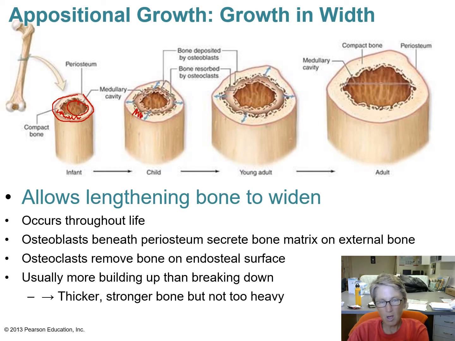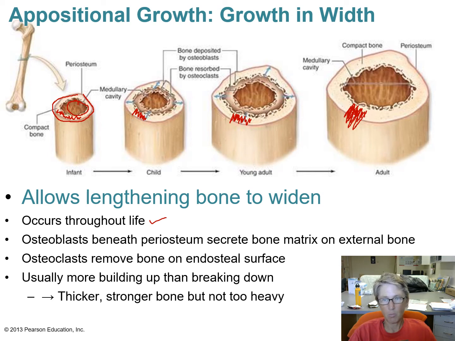Your child gets thicker, young adult, that compact bone is even thicker, and then look how thick it is as an adult. If you're a power lifter, it'd be really thick because you're putting a lot of stress on the bone. Growing your bones in width occurs throughout your life.